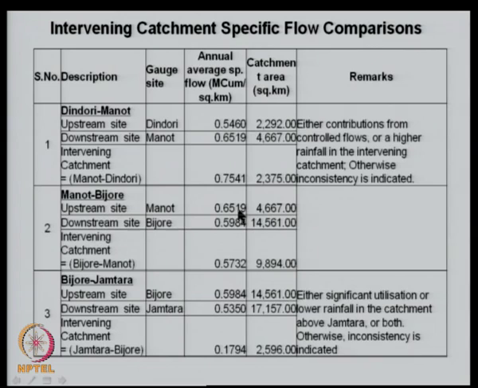It has a specific flow of 0.6519. The downstream site is Bijore, which has a flow of 0.5984. And for the intervening catchment, when we apply that method, you get 0.5763, which is quite close to 0.59, and therefore there is no problem and it is quite consistent with what we are seeing here.